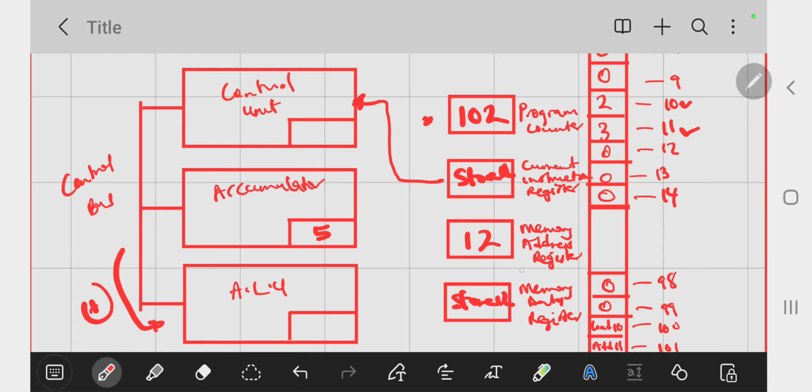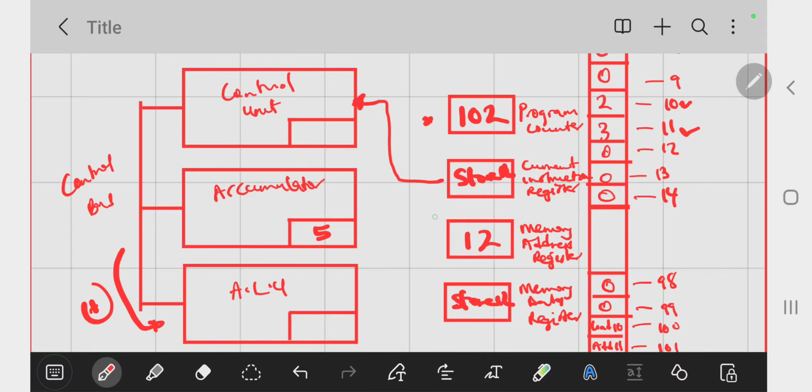So once that memory address has been copied, now we want to put something into that memory address. It's like we're not getting, but putting. So what's going to happen is the content of the accumulator moves via the memory data register. If we were getting something from the memory address 12, it would have been stored into the memory data register and back to the current instruction register, but here it's the opposite.